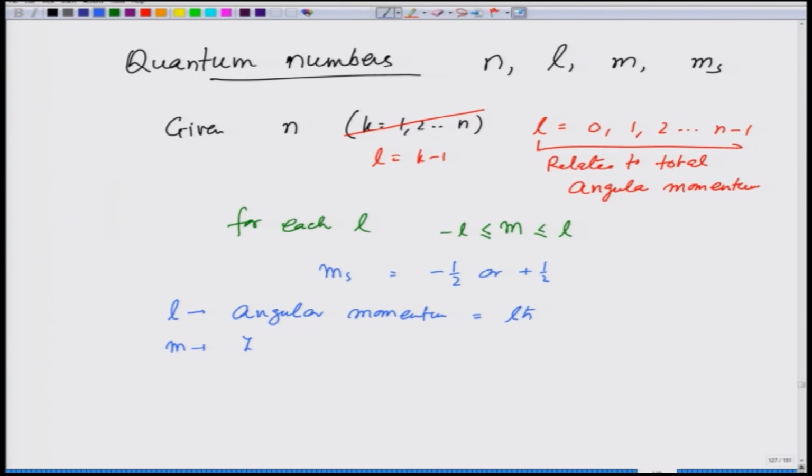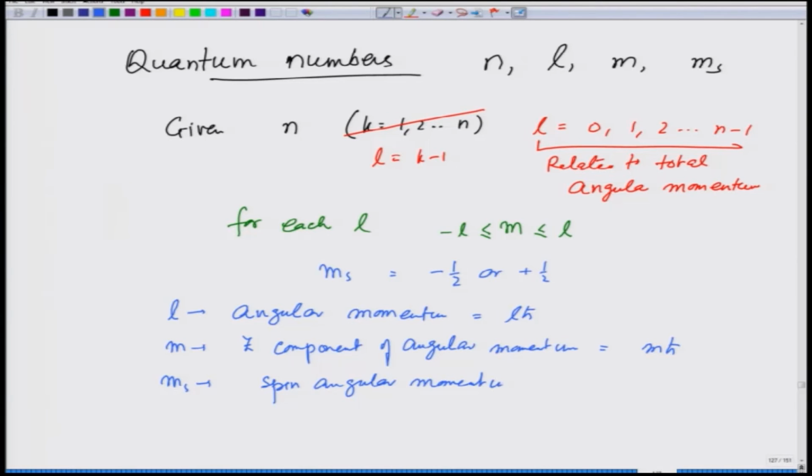M means z component of angular momentum is m h cross, and ms implies spin angular momentum of electron, which is h cross by 2 or minus h cross by 2, in short ms h cross.